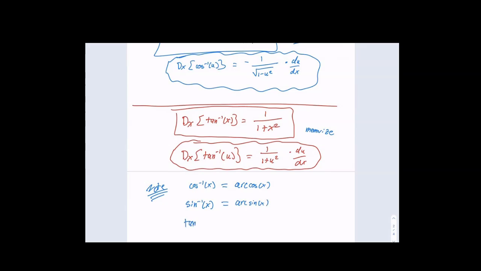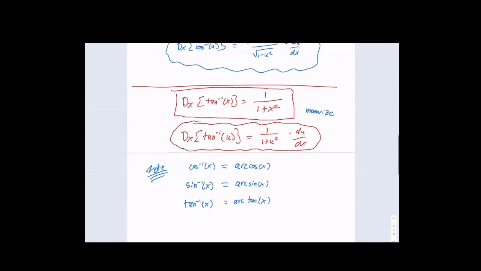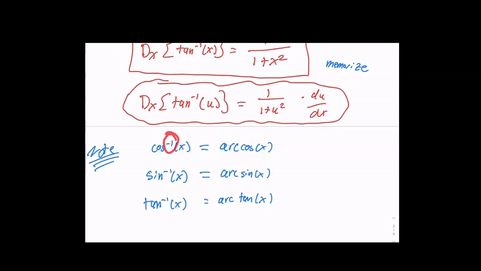And inverse tangent of x can be written as arc tangent of x. The AP exam, on the first page that you open, notes that when you see this notation, it refers to the same thing. So arc cosine, inverse cosine, they mean the same thing vocabulary wise.